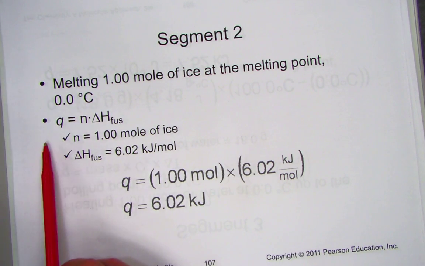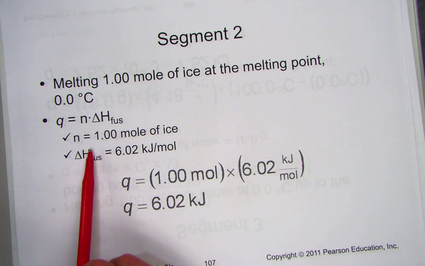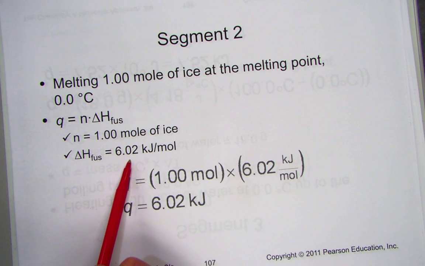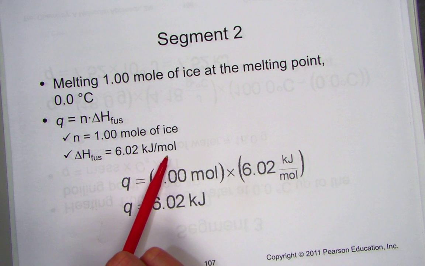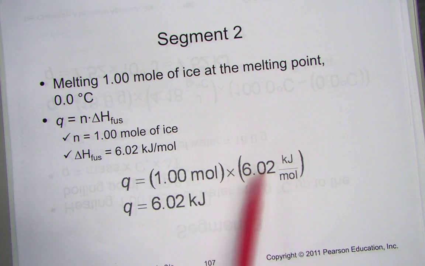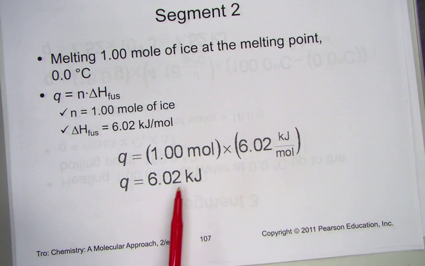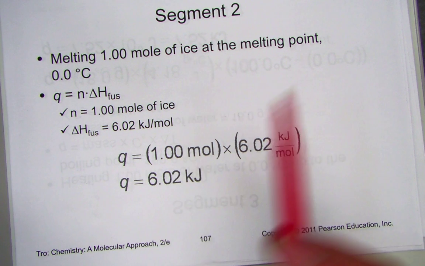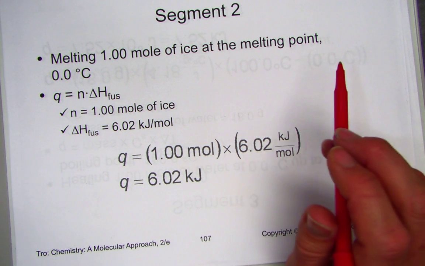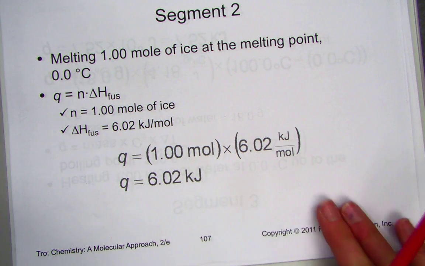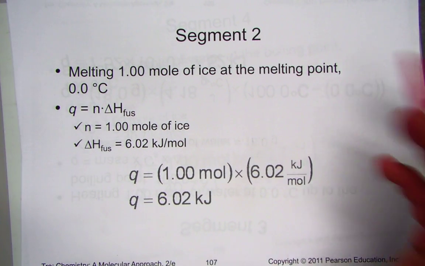Having 1 mole, and it takes 6.02 kJ per mole, it's a simple multiplication. It would require 6.02 kilojoules of heat to melt 1 mole of solid ice and end with a puddle. Line segment 2, the heat of fusion.